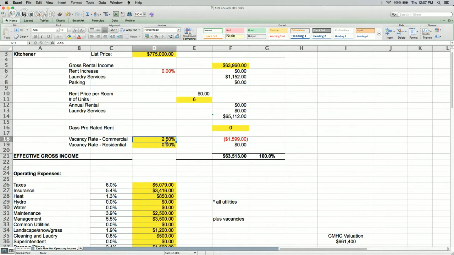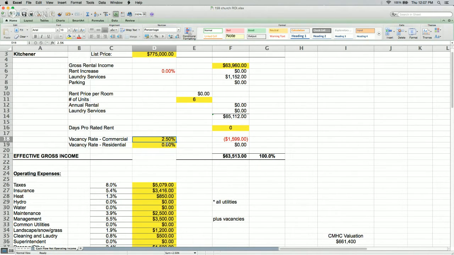You could have 0 vacancy for 3 years going back, and we're still going to input a vacancy rate into the calculation because it's an average you have to take over a long period of time. You may go 1 or 2 or 3 years with 0 vacancy and then have half your tenants leave in year 4, and it might take you a month or 2 or 3 to fill each one, and that year your vacancy rate might be 8%, and that would give you an average of 2 to 3 over the last 3 years. So no matter what, we input this.